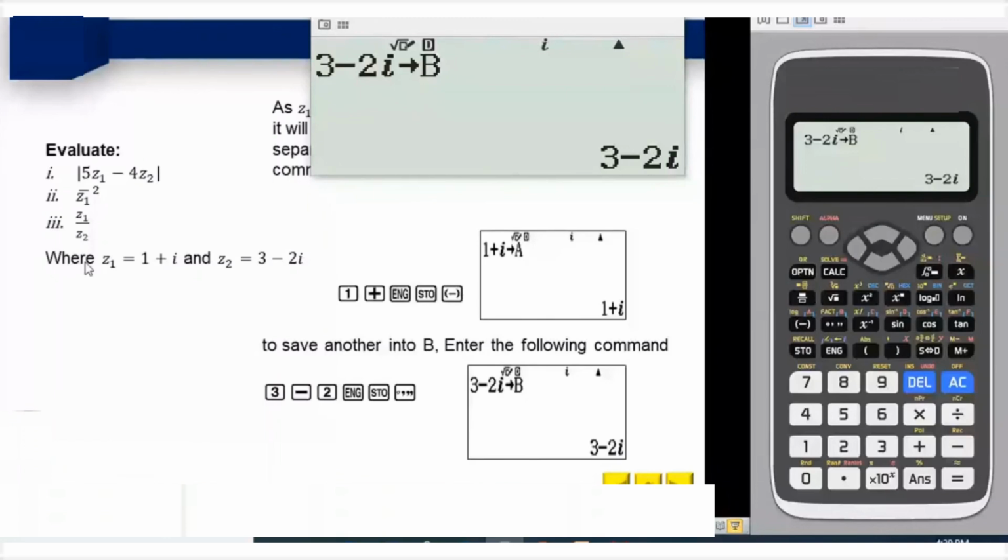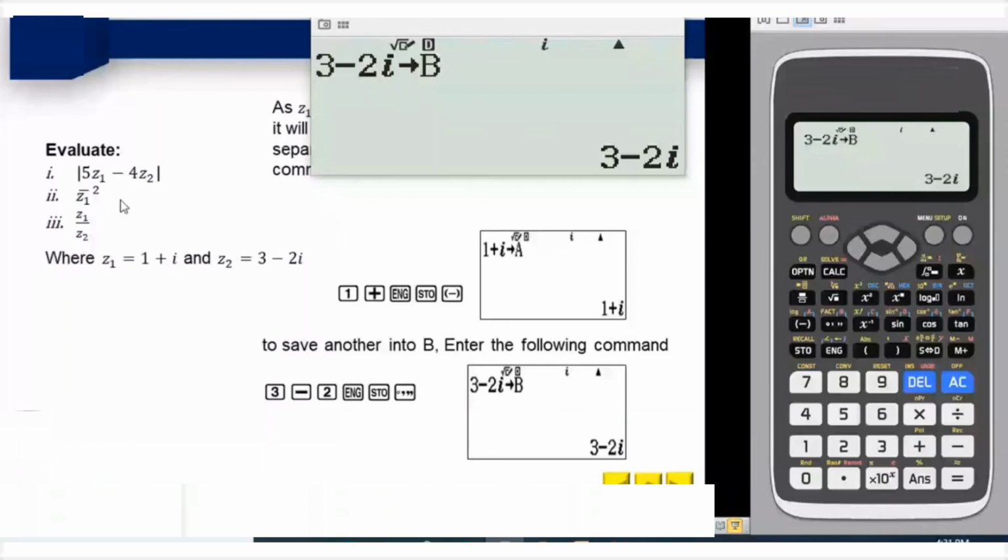Since I'm using the calculator as a time saving technique, I should also be knowing the other hacks that will save time. So what I did was I stored this value. Now I do not need to write the complex numbers 1 plus iota and 3 minus 2 iota again and again, because the values are stored. So all I need to do is find the absolute value of 5Z1 minus 4Z2.